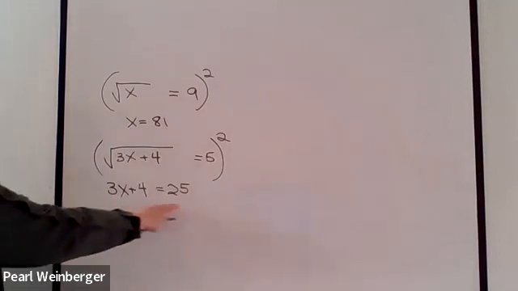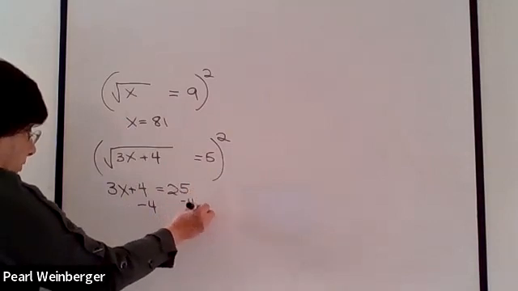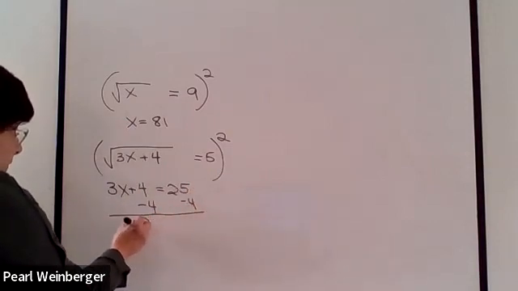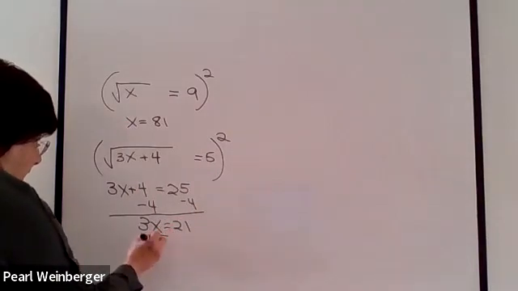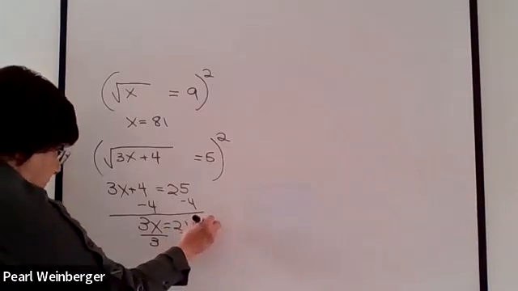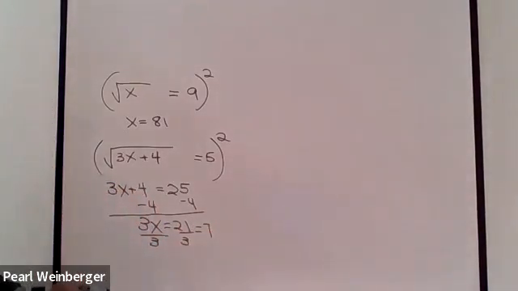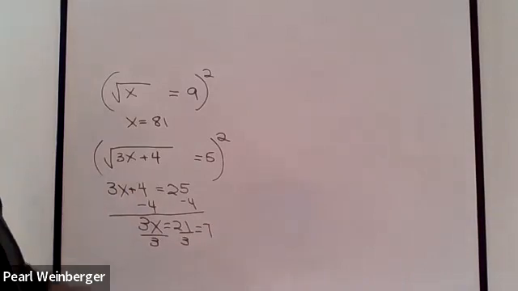Of course, now I have just a regular equation. I'm going to subtract 4 from both sides. That'll give me 3x equals 21. And I'll divide both sides by 3, and that'll give me 7. My answer in this equation is 7.